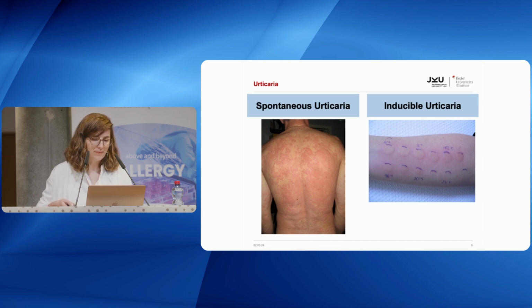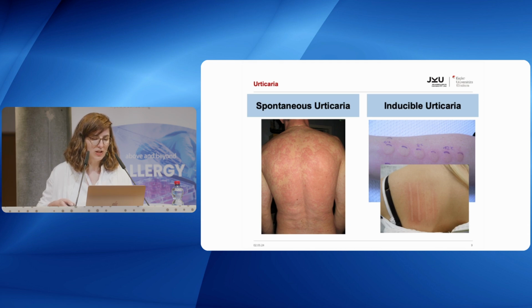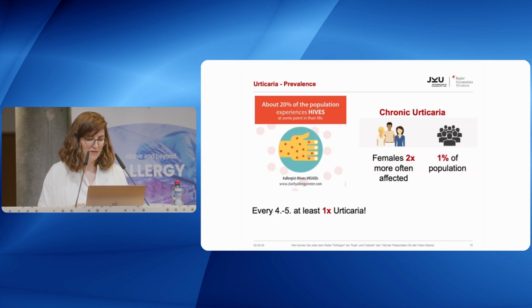Exactly there, the patient develops the wheal. It's the same for another very frequent form of inducible urticaria, urticaria factitia, as it was called before, now more symptomatic dermographism. When the skin is scratched, the patients develop a wheal exactly where the scratching happened.